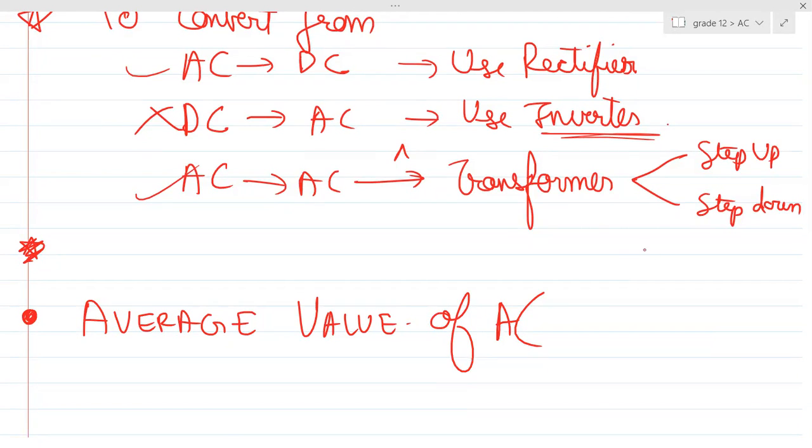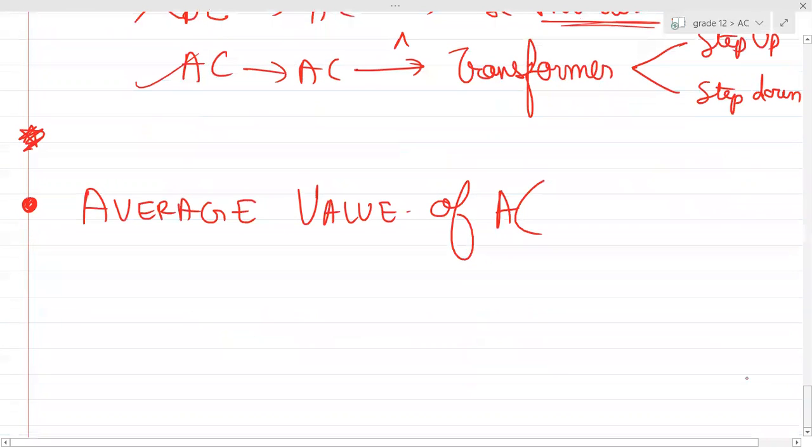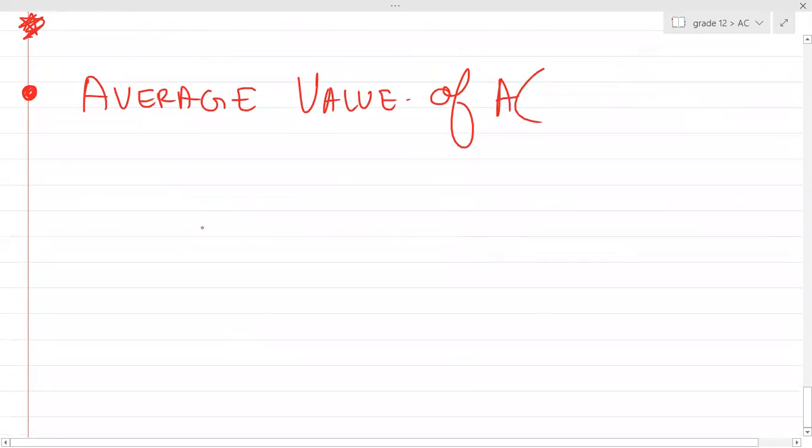So what is average value of current? Let's understand the concept first.